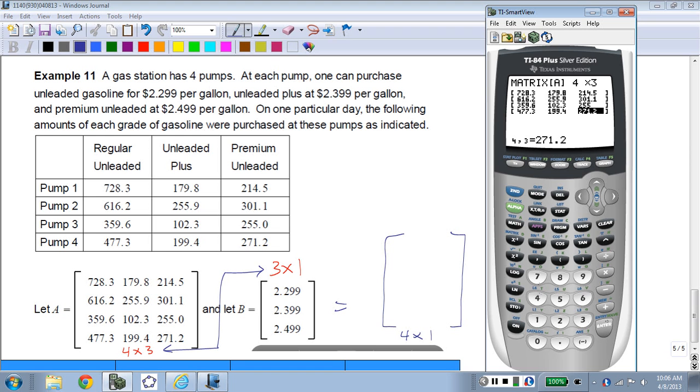Check my columns real quick before I type in matrix B. Seems okay.